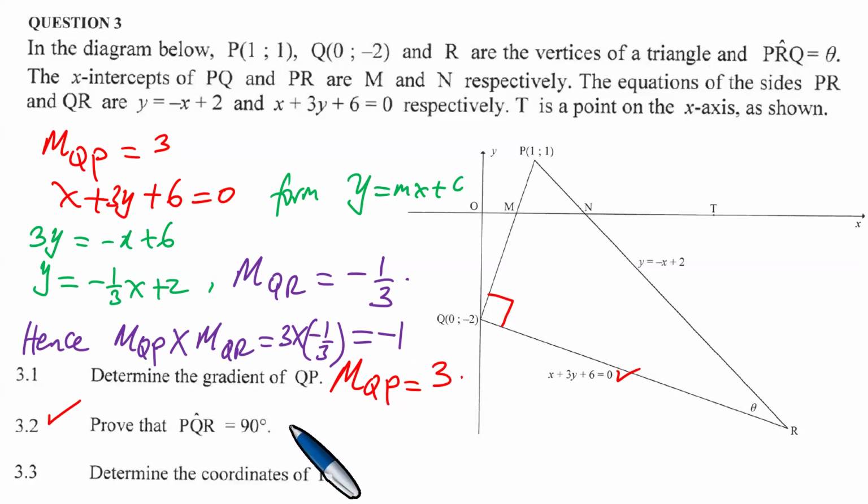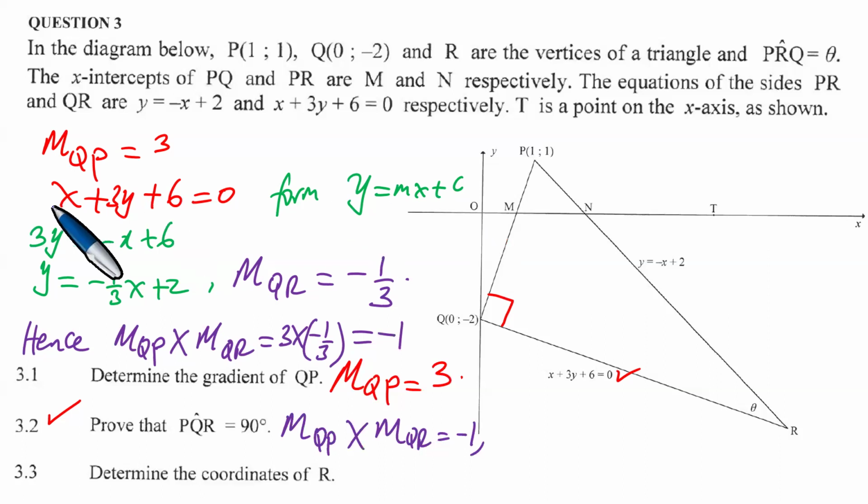And this means, therefore, that at this point, we can say the gradient of QP times the gradient of QR equals minus 1. Okay, right. We know the equation of a line is y equals mx plus c.